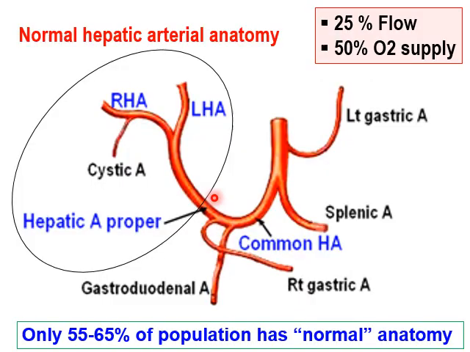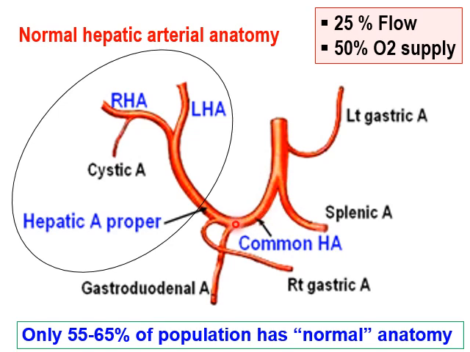The liver has dual blood supply from the hepatic artery and portal vein. The hepatic artery is responsible for 20% of the flow and 50% of the oxygen supply. The celiac trunk gives rise to left gastric artery, splenic artery, and common hepatic artery.